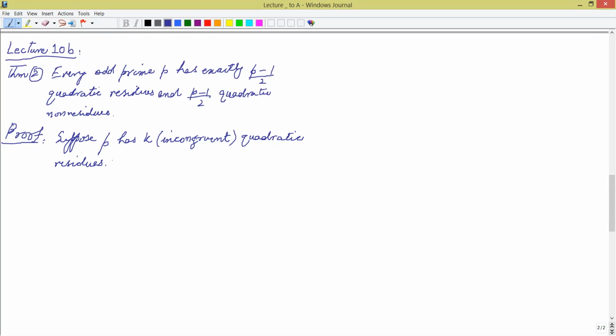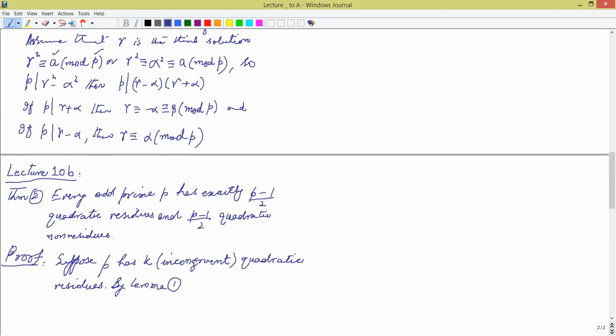Okay, so by lemma 1 that we discussed in the last class, every solvable quadratic congruence has exactly two incongruent solutions.